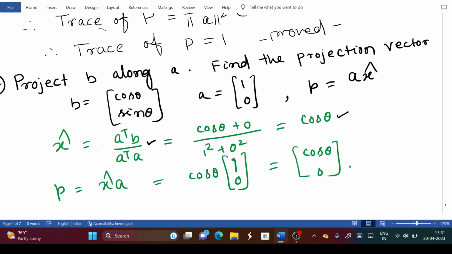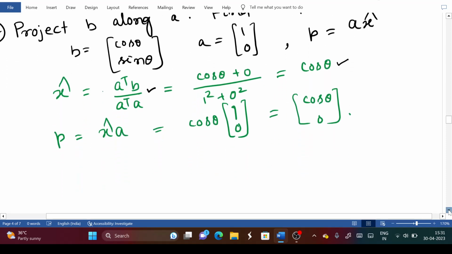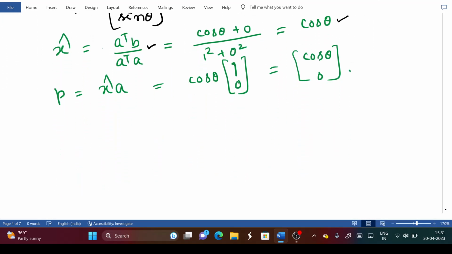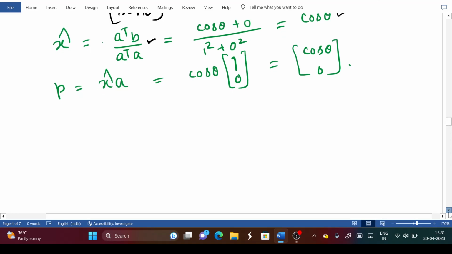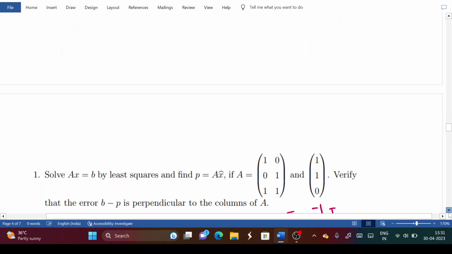And the projection vector P is equal to x cap A, that is cos theta into the vector A, 1, 0, that is equal to the vector cos theta, 0.